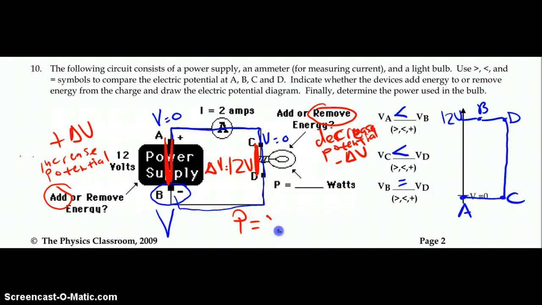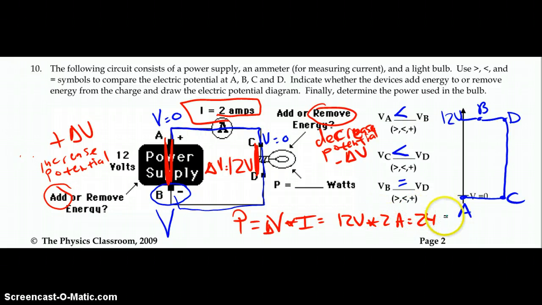As I showed above, it's just going to be the potential difference times the current that flows. There's only one path, so the current everywhere is 2 amps. And we said the potential difference across this light bulb must be equal to the power supply, so that's 12 volts. So 12 volts times 2 amps is 24 watts, capital W.